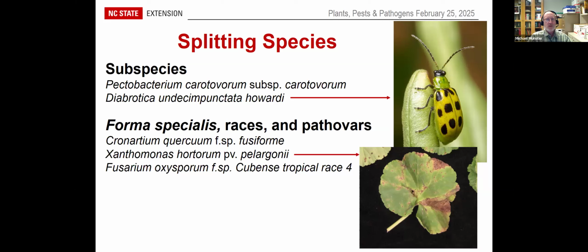Xanthomonas hortorum pathovar pelargonii: the pathovar refers to the variety that is pathogenic on, in this case, Pelargonium. That is the bacterial blight of the, well, common name geranium, scientific name Pelargonium.